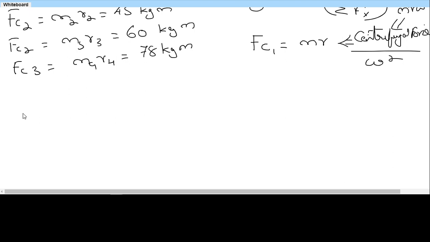And now to solve it analytically, you have to take all the horizontal components and all the vertical components. So horizontal component, I am marking it as sigma of fx.